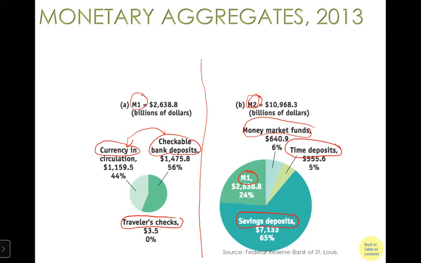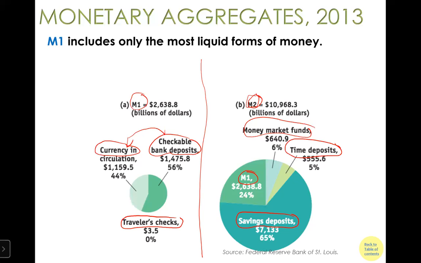But overall, both M1 and M2 are liquid, right? So M2 essentially includes M1. M2 includes less liquid assets compared to M1. Here, just to summarize: M1 includes only the most liquid form of money. Liquid means you can use it whenever you want or whenever you need.